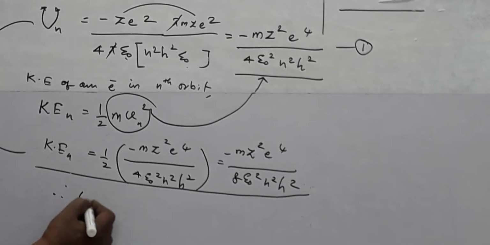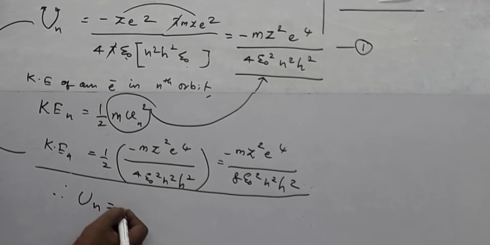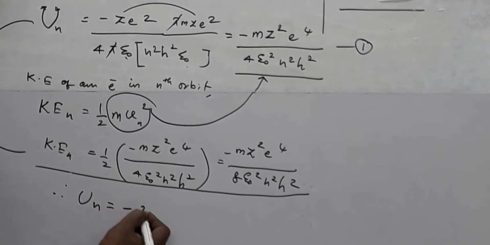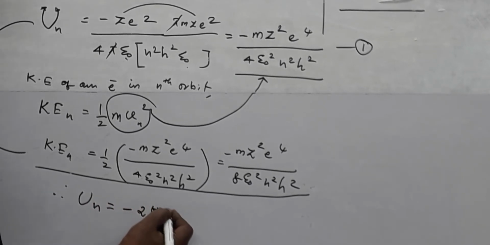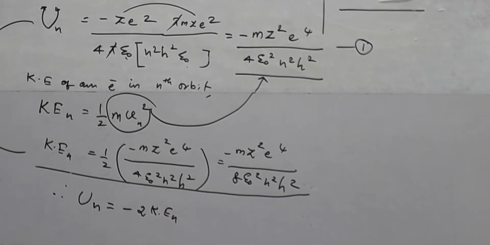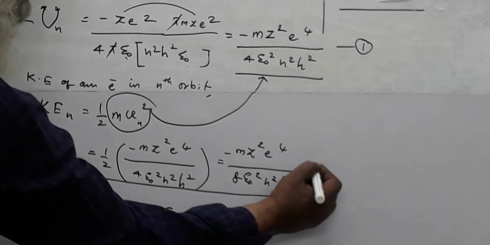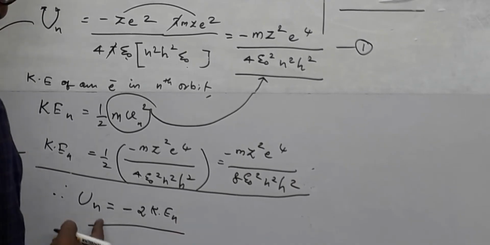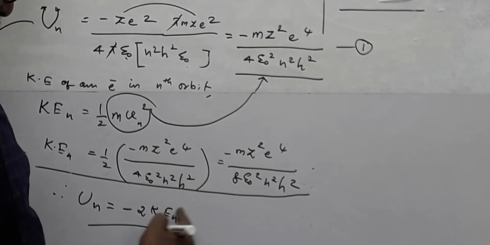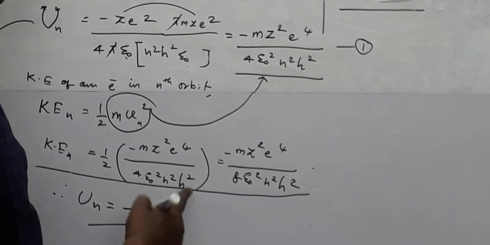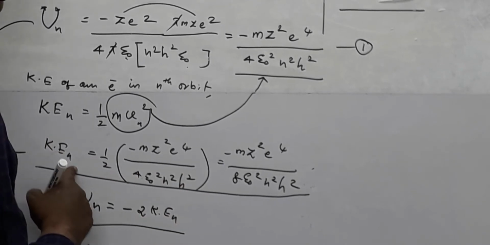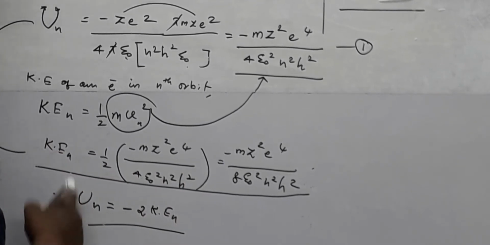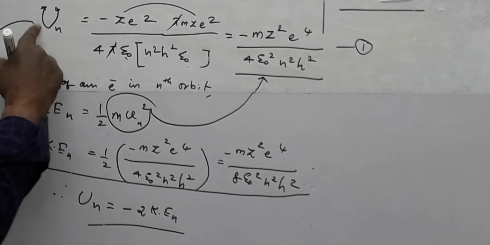Therefore, we can write Un is equal to minus 2 times the kinetic energy. If you multiply by 2, then 2 and 4 cancel. Therefore, 2 times the kinetic energy is equivalent to the potential energy of the nth orbit.